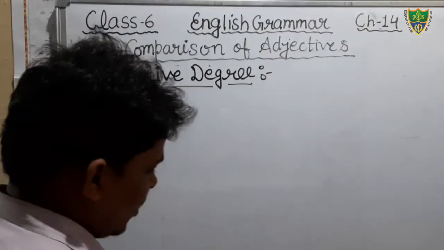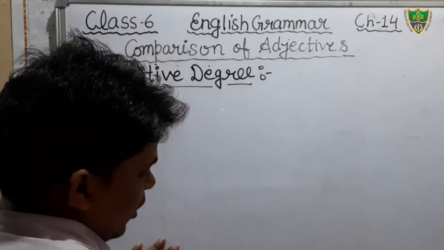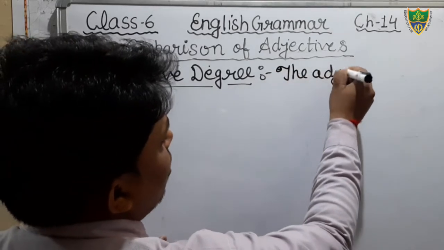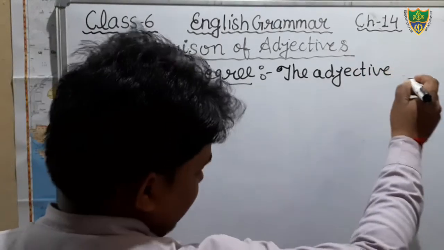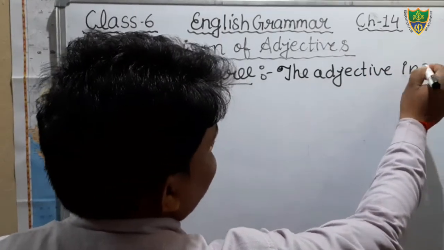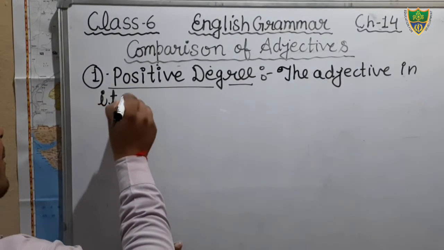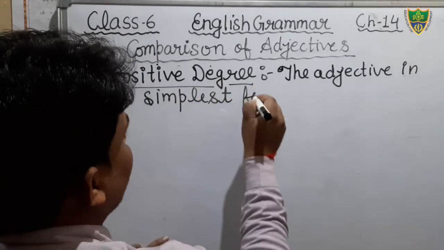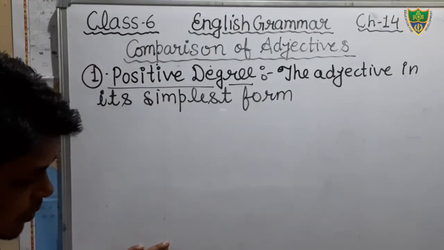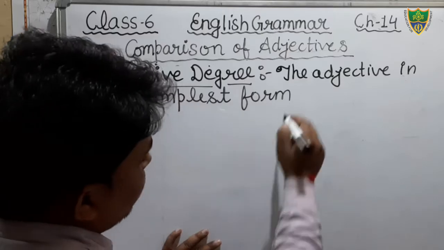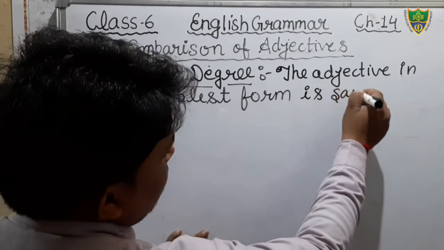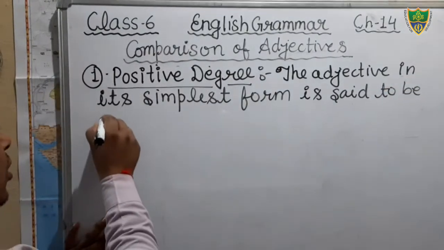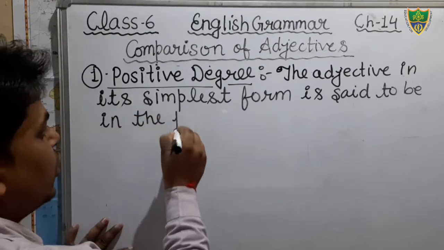Write down about it: the degree, the adjective in its simplest form is said to be in the positive degree.